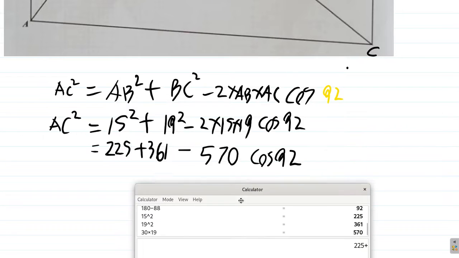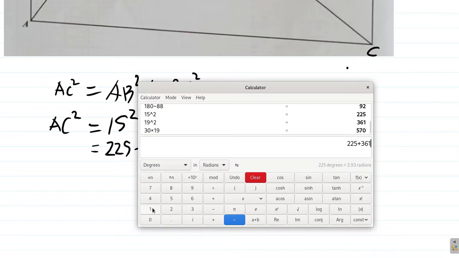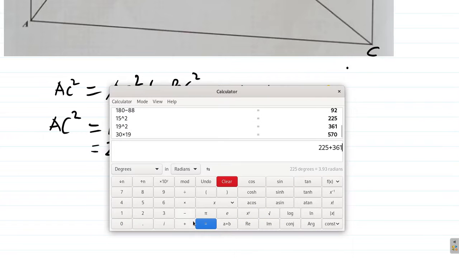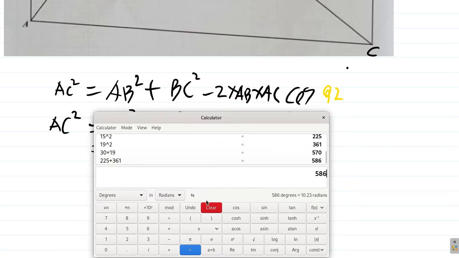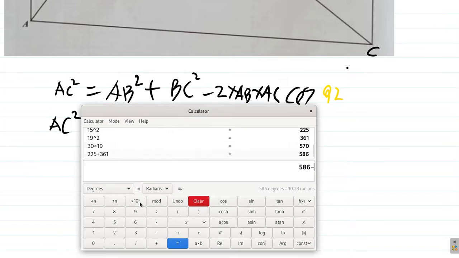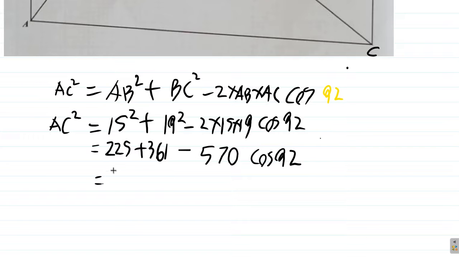Alright, so let's work this out now. 225 plus 361 is 586, minus 570 times cos 92, and that equals 605.89.